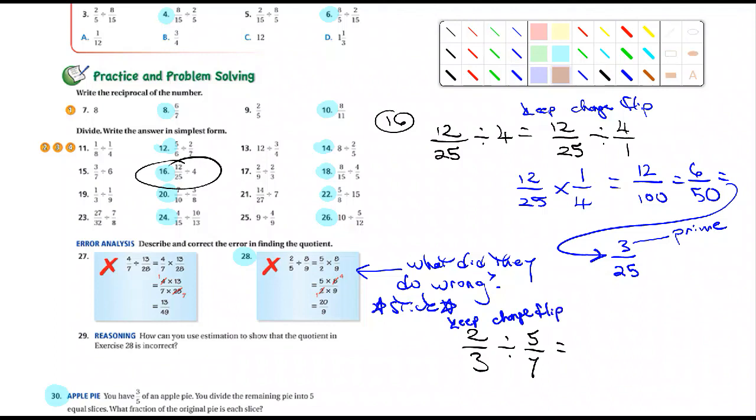Keep the 2/3 the same, change it from division to multiplication, and then finally you would flip just the last fraction, which is what Mr. Conyers was asking me. So I could rewrite this as simply 2/3, change it to multiplication, and flip it to 7/5. And then I would just solve it, just multiply straight across.